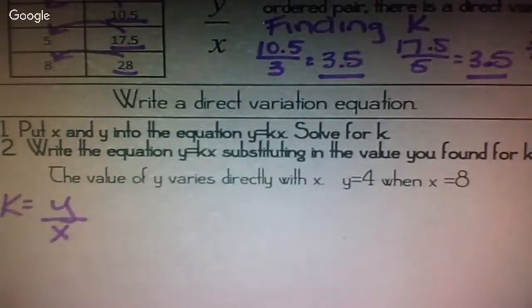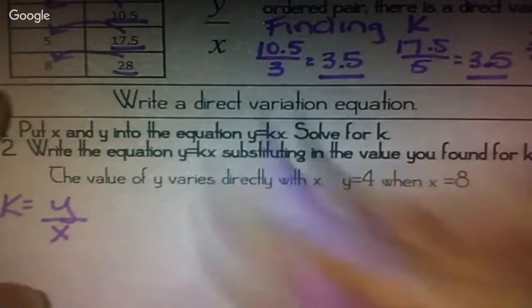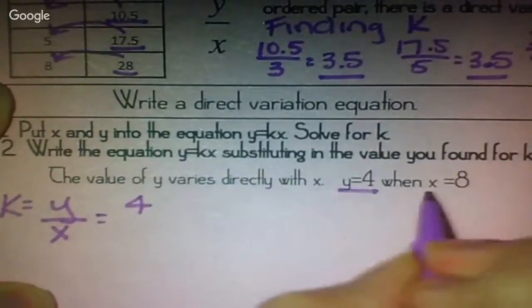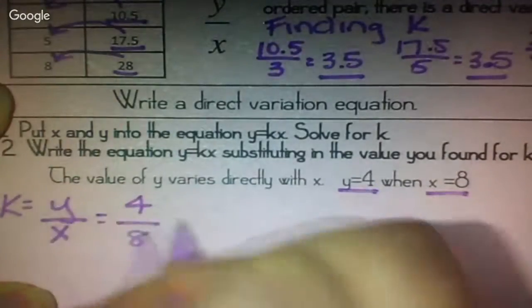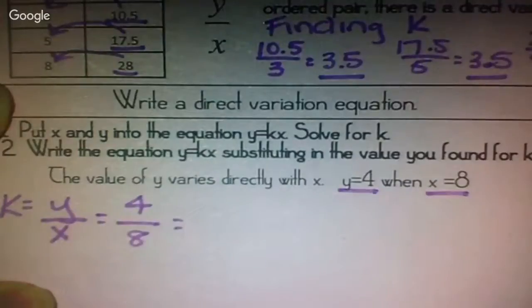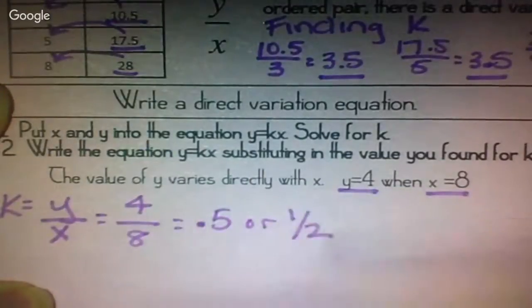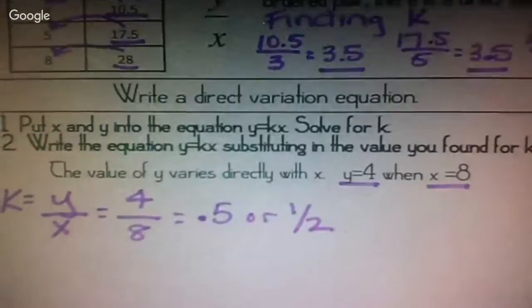So my y value is 4. My x value is 8. So what's K? 1/2 or 0.5. I don't care how you spell it out.